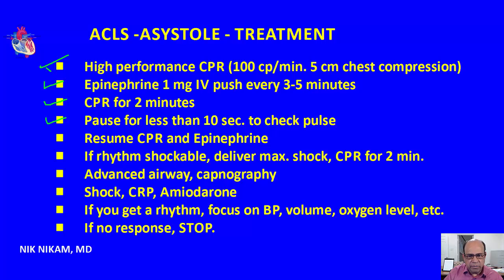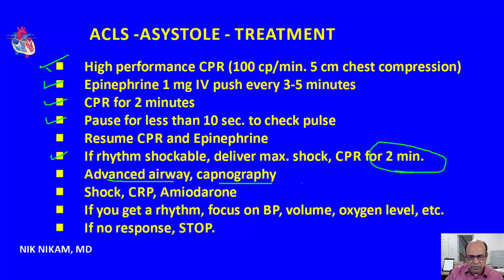If this attempt results in fine ventricular fibrillation or coarse ventricular fibrillation, and if the rhythm appears to be shockable, then we deliver 200 joules of biphasic shock, followed by continuous CPR for 2 minutes. And this allows us some time to get an advanced airway and capnography. Then we'll continue with the CPR.